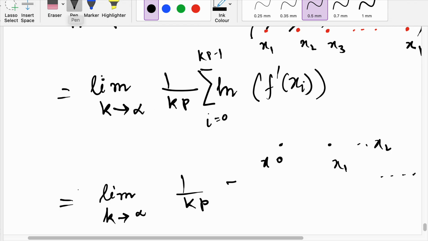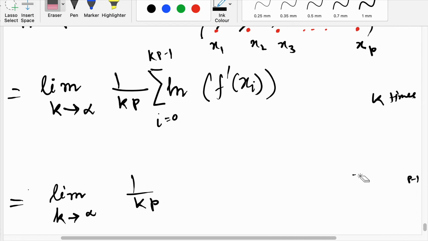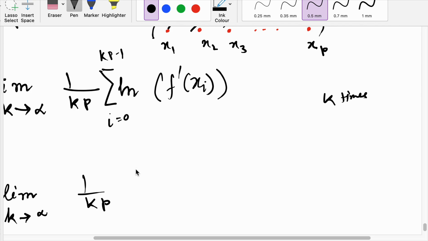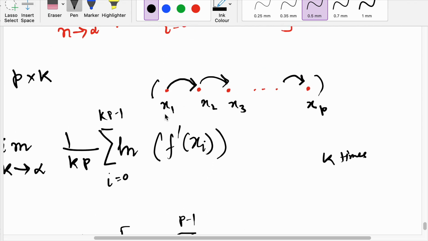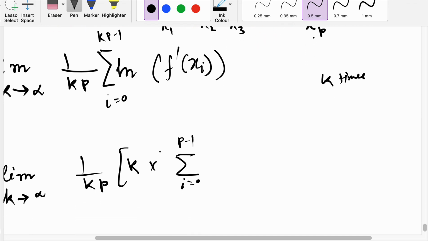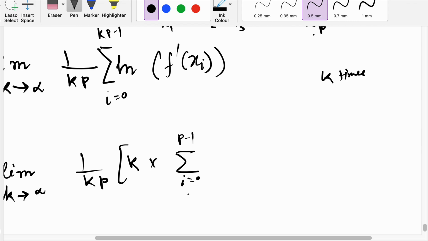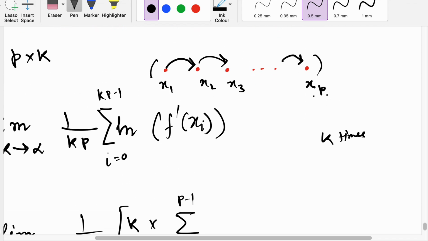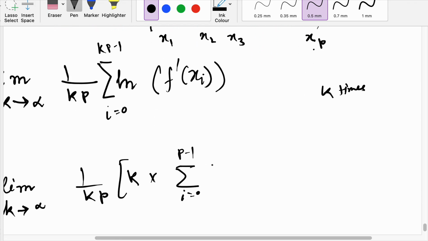So this will be k times the sum from i equal to 0 to p minus 1, so this is p points. Here don't worry, here I started from x1, that's why it goes to xp. Since I am starting from x0, it goes to kp minus 1.